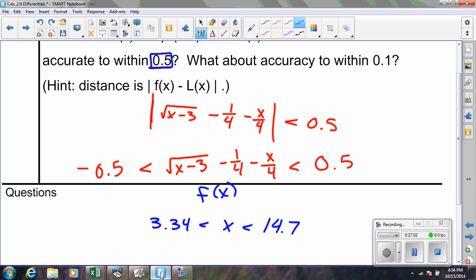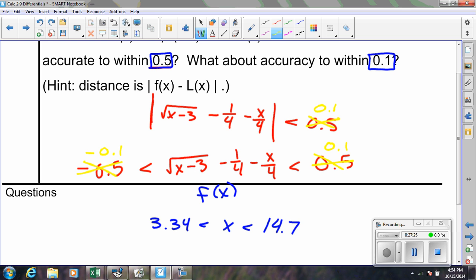Well, what if we want to be within an error tolerance of 0.1? What if being off by 0.5 is too big of a mistake? Well, the only thing that changes then is we've got to be within 0.1, which tells us negative 0.1 and positive 0.1.